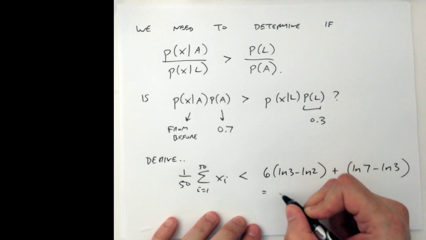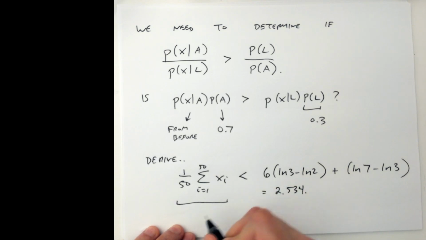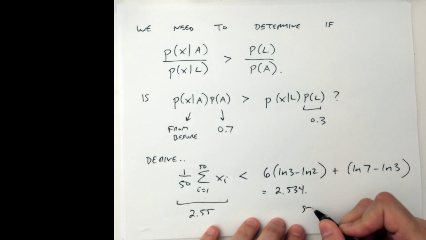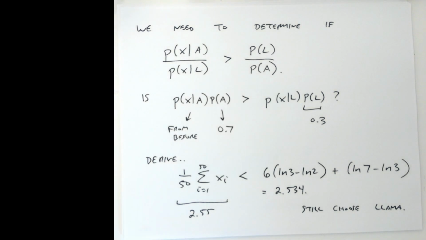And this number here is 2.534, right? This number here before was still 2.55. So it's close, but not close enough to make the jump, right? So I'd still choose llama. But I can't just do it by visual inspection. I would actually have to compute the numbers to decide whether this likelihood ratio was above or below the necessary threshold, right?